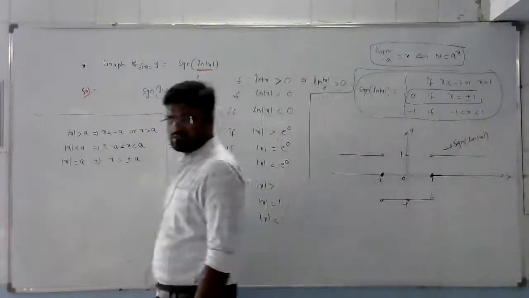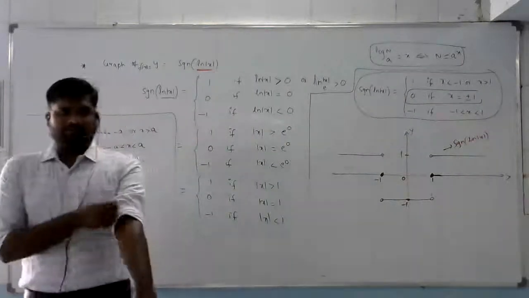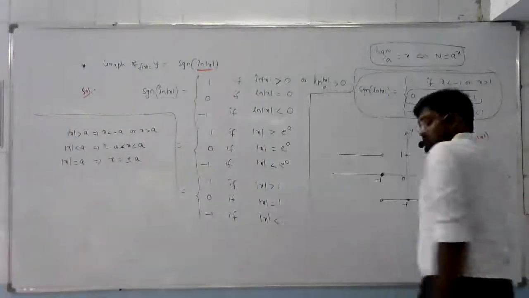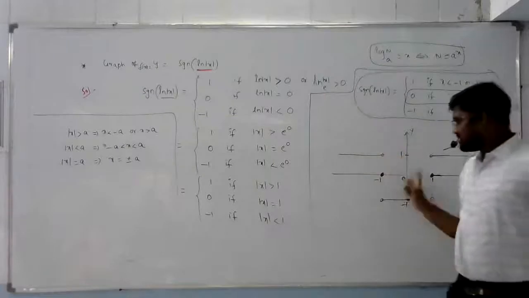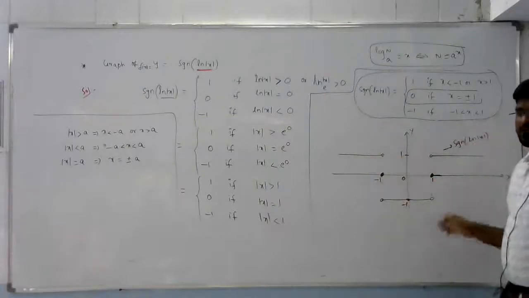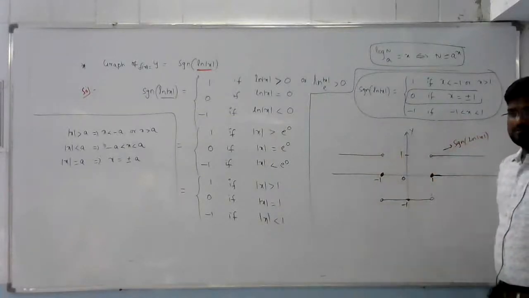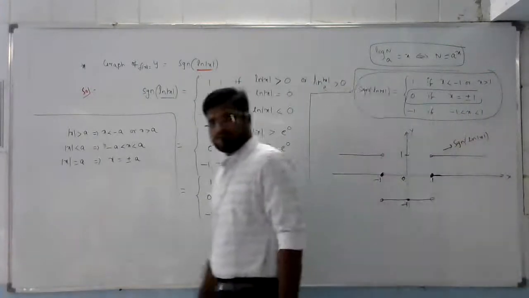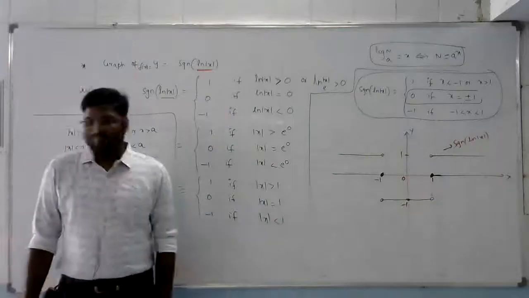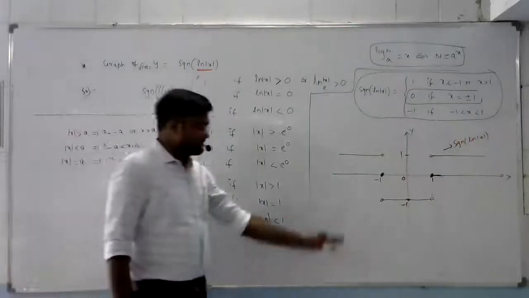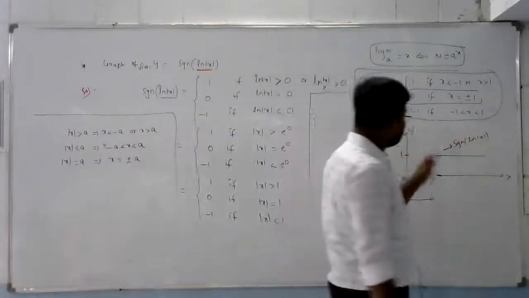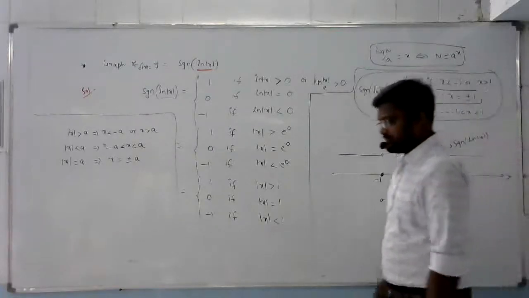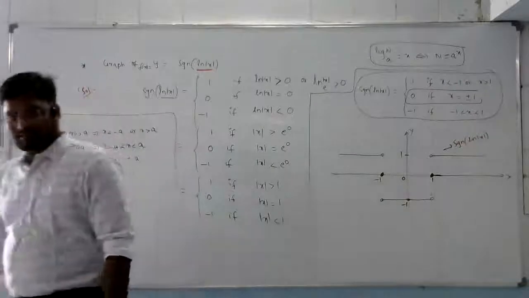I think there is a mistake. Can you please tell me that mistake? Students, I am asking, there is a mistake in this graph. Can you tell me what is that mistake? If you tell me that mistake, I'll give you 5 star certificate when I meet you. 100%. Okay. There is some mistake in this graph. Can you tell me what is that mistake? I'll give you 2 minutes. Just think and tell me.